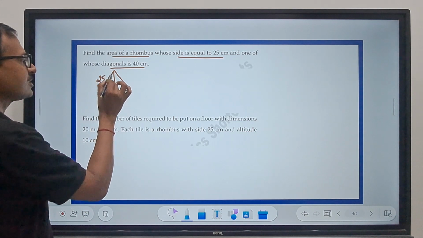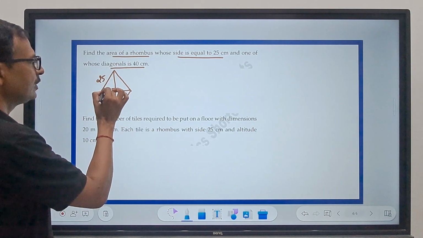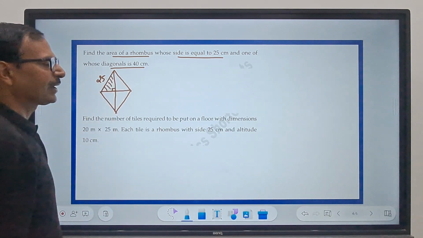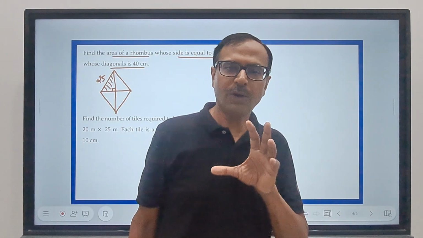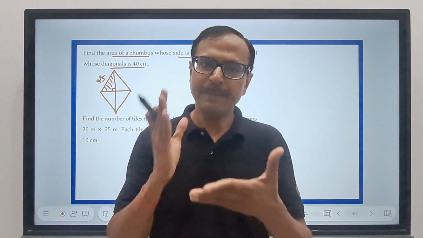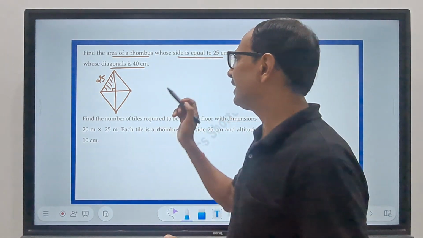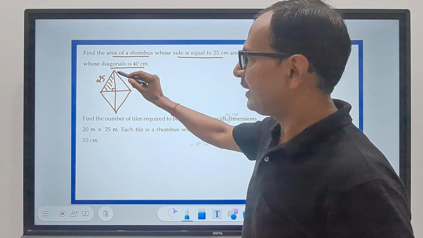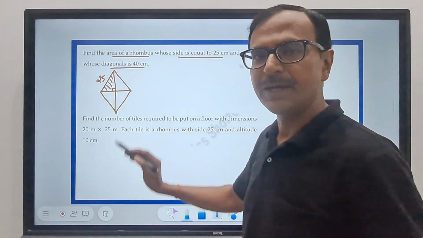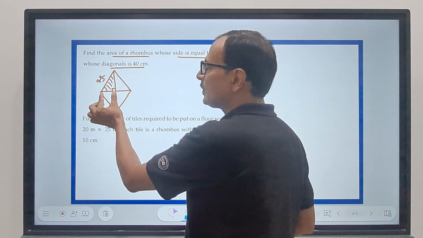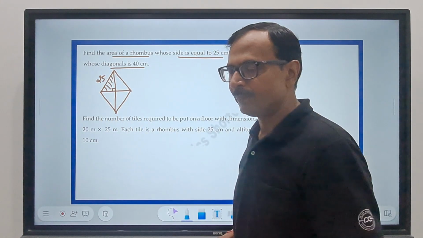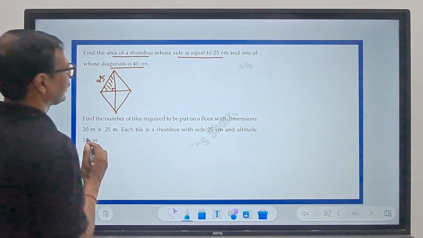We know that the diagonals of a rhombus are perpendicular, so we have a right angle triangle, and we know that the diagonals of a rhombus bisect each other. So if the length of the diagonal is 40, then half of that diagonal will be 20. Mind you, you can take this as 20 or this as 20, whichever you want to. The answer will be the same.